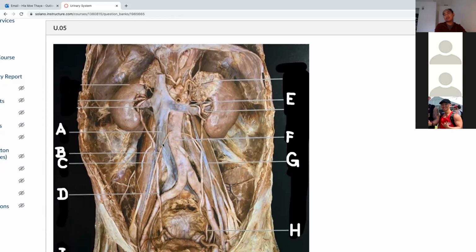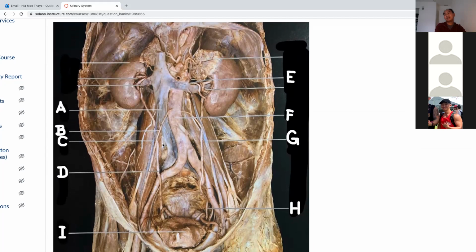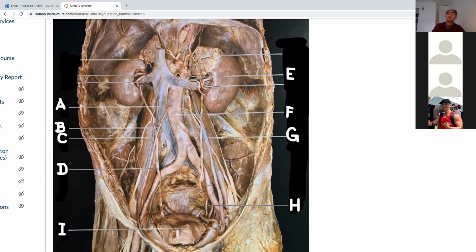Oh, the same structure. This is in the cadaver. So you are going to tell me which is what. What is structure A? The inferior vena cava, perfect. What is structure B? I hope you can see B going to this little one here.